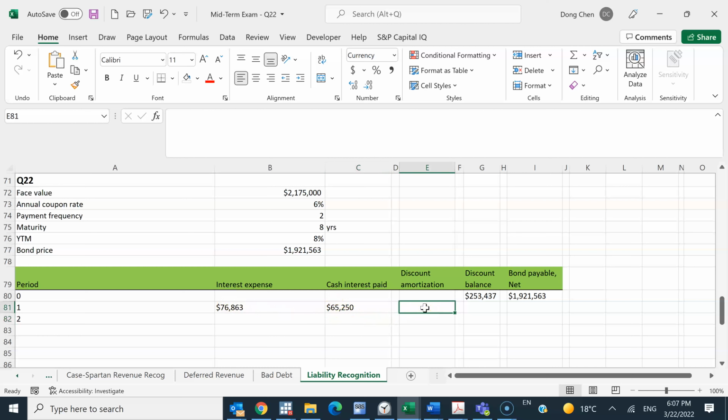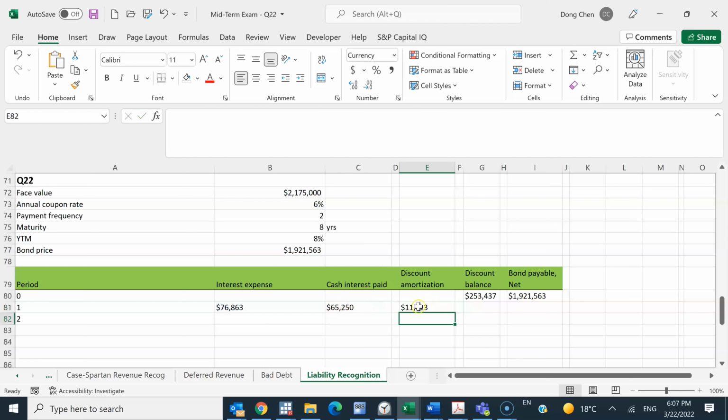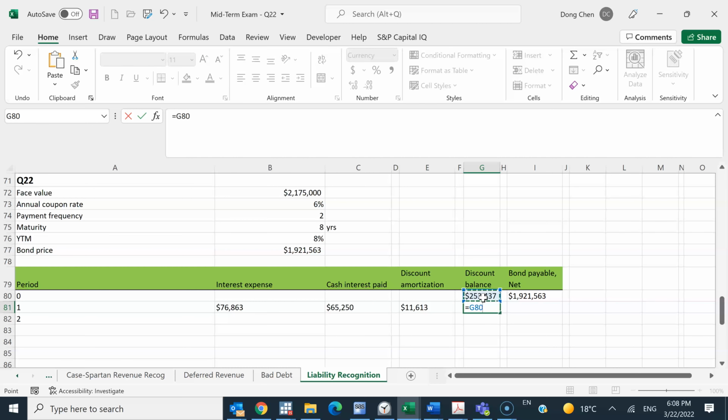So this means we will have a discount amortization, which will be the difference between these two, right? So that's going to be extra, that amount that will be recorded on the income statement. And then with this extra amount recorded, the discount balance will also shrink, right?